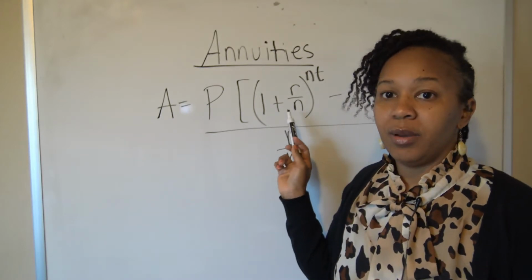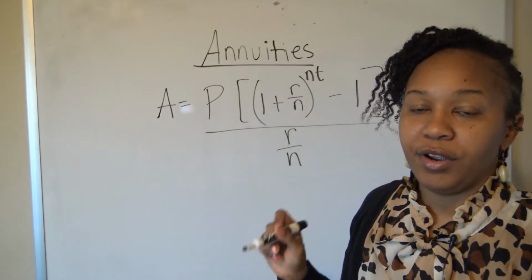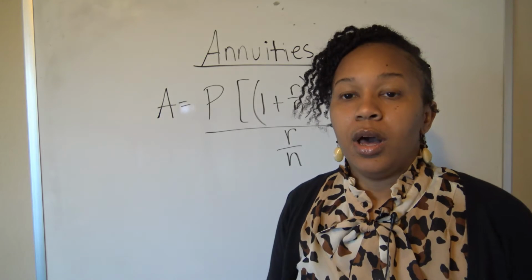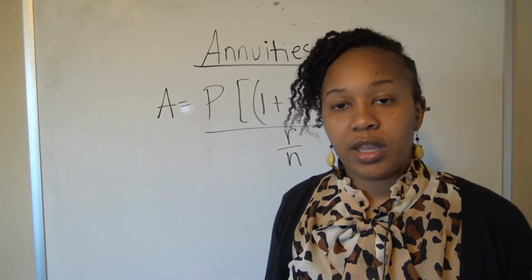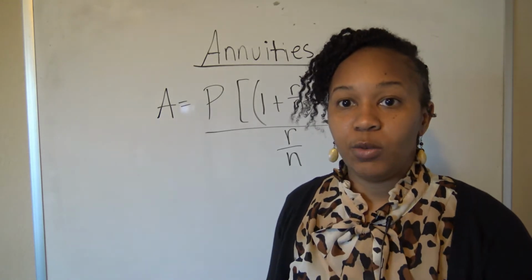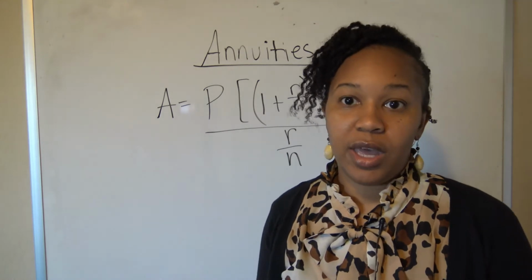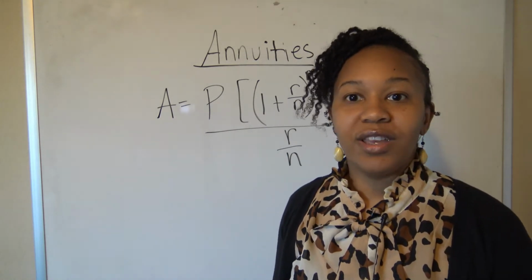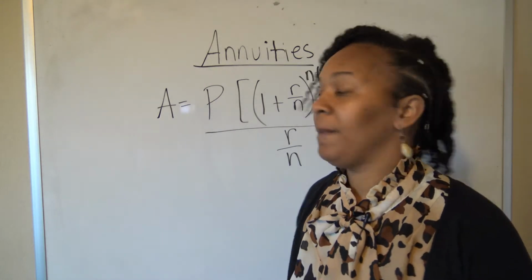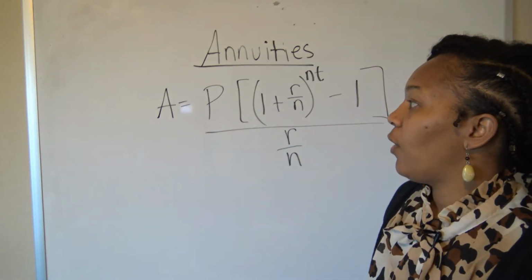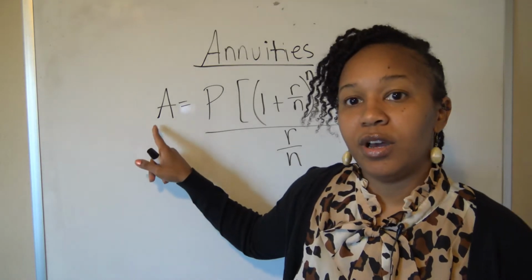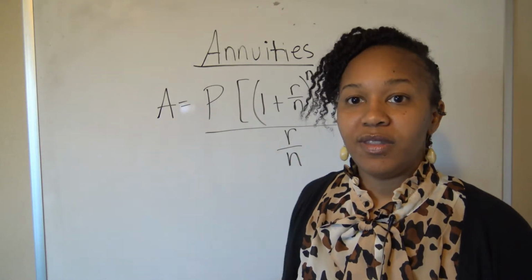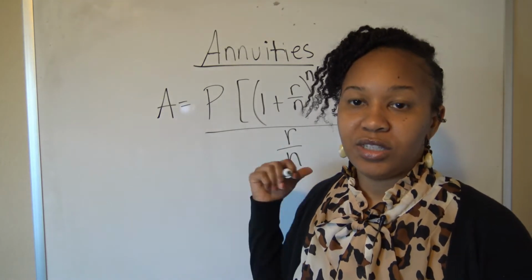N represents the number of compounding periods per year for the interest. If your financial institution calculates interest monthly, then N would be 12. If it calculates interest annually, N would be 1. If it calculates interest quarterly, N would be 4, and so forth. And A represents the future value, the value of the annuity after that certain time period.